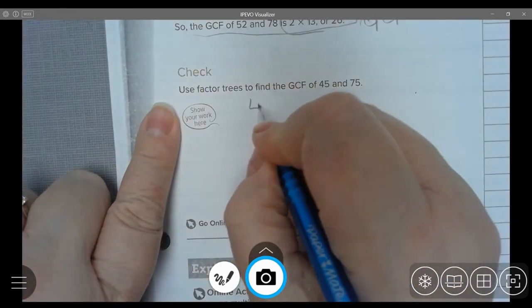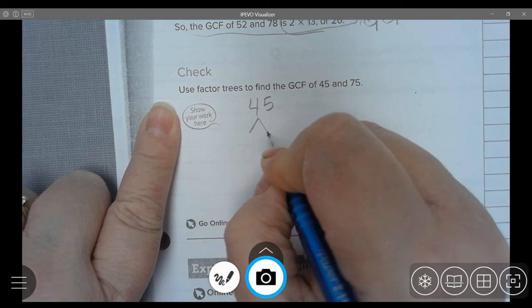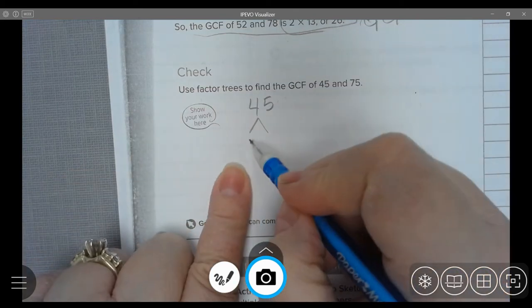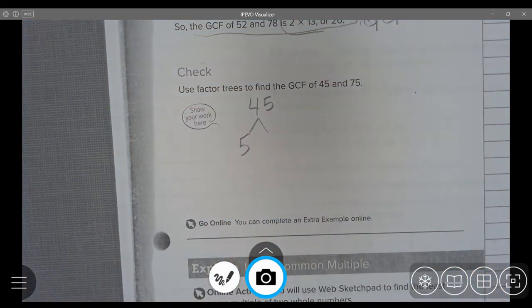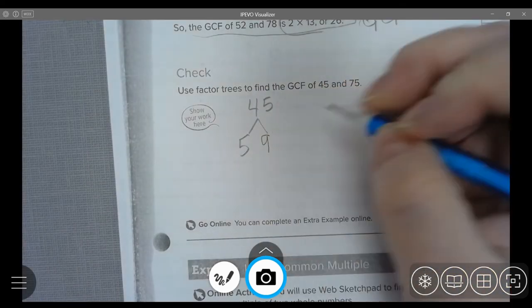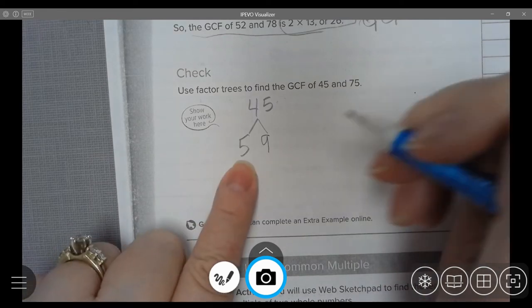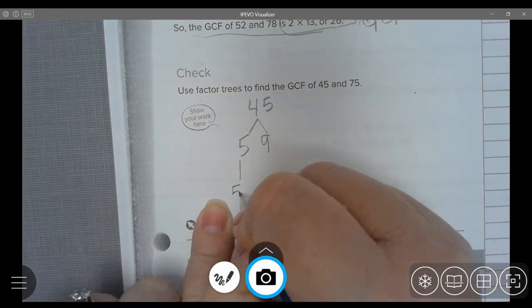All right, so we have 45. I always look at this, and if it ends in 5, I'm going to put a 5 there, and I'm going to say 45 divided by 5 is 9. 5 is a prime number, so 5 stays.